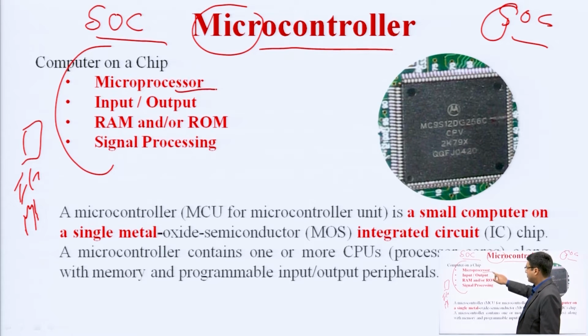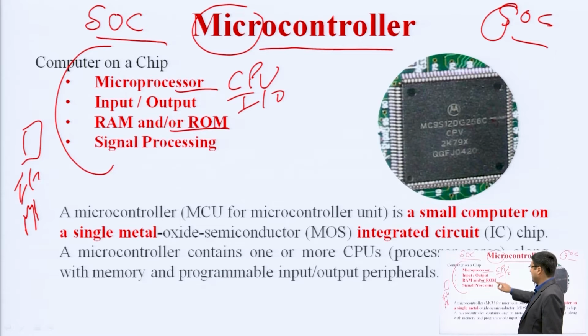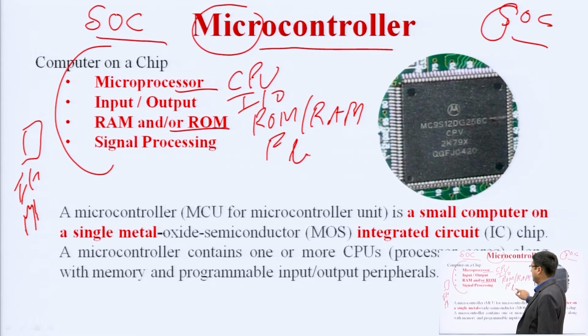Whether it is the microprocessor, CPU, input output peripherals, or memory, ROM, RAM, EPROM, flash memory and signal processing unit, all the components are integrated on the same chip. Here you can see a microcontroller, with all the components needed to run a particular system integrated on the same chip.